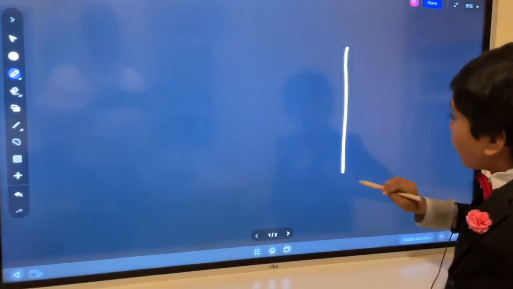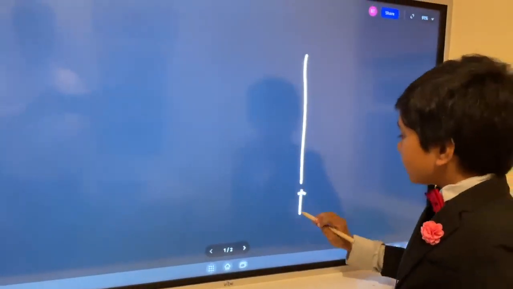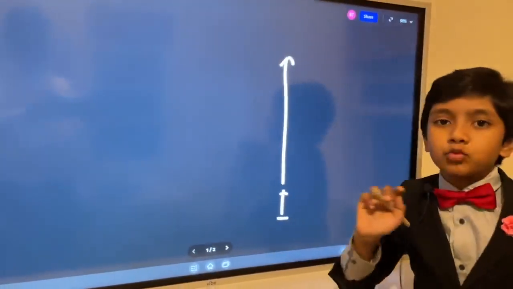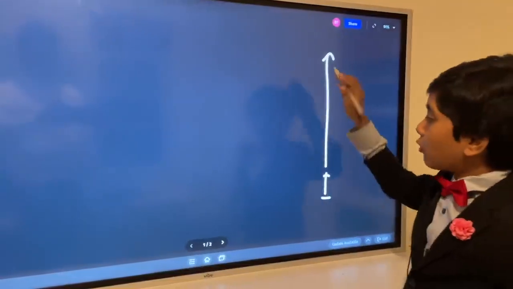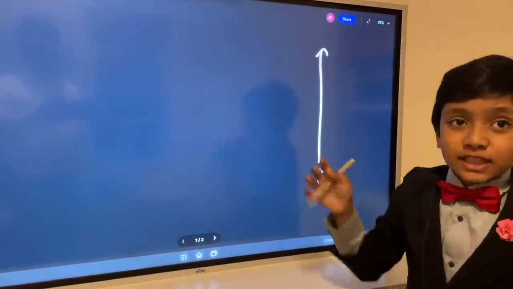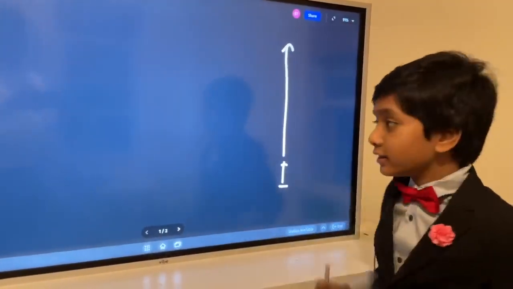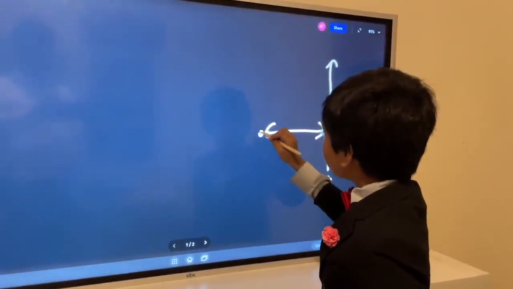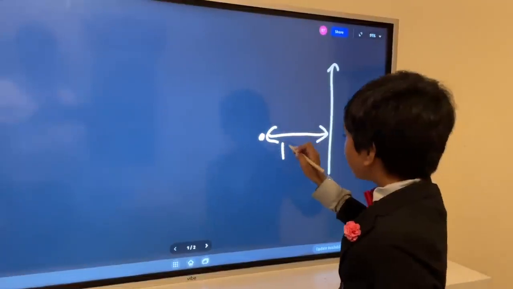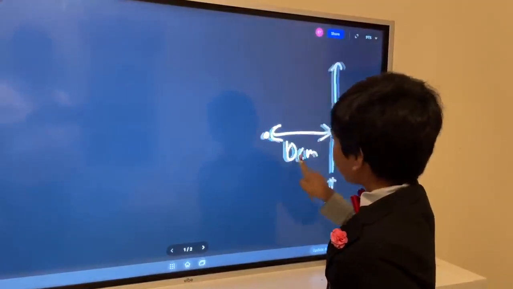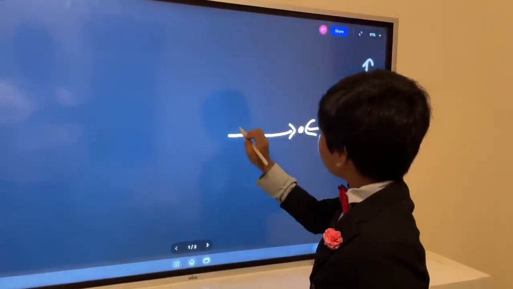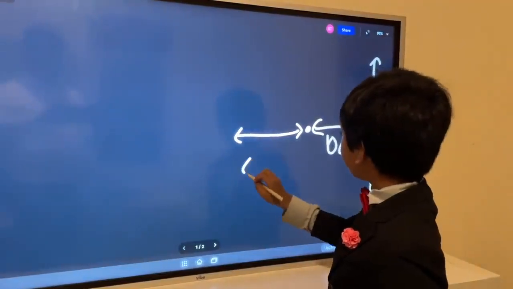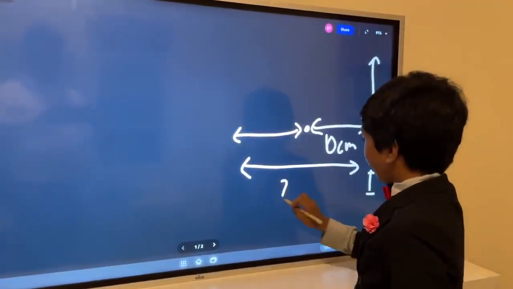We need our wire, then we know that the current is traveling up this wire, and now the wire is creating a magnetic field since the current is sparking. So now, let's say we have 10 centimeters from our thing, and then we have another 10 centimeters, or instead this time 20 centimeters for our thing.